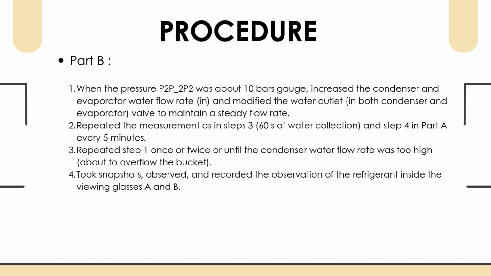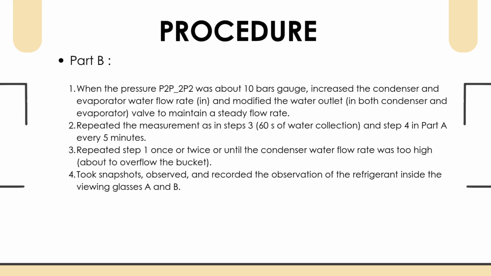For part B, when the pressure was about 10 bar gauge, increase the condenser and evaporator water flow rates and modify the water outlet in both condenser and evaporator to maintain a steady flow rate. Second, repeat the measurement as in step 3 in part A for 60 seconds of water collection, and step 4 every 5 minutes.